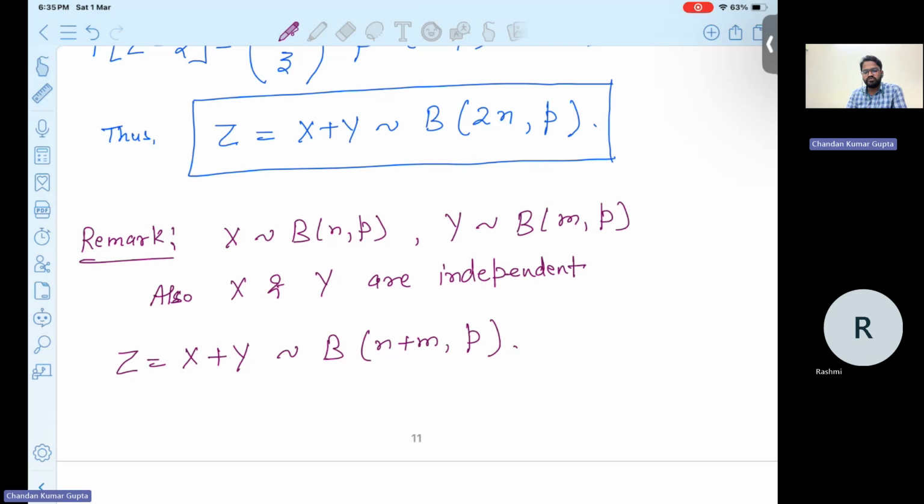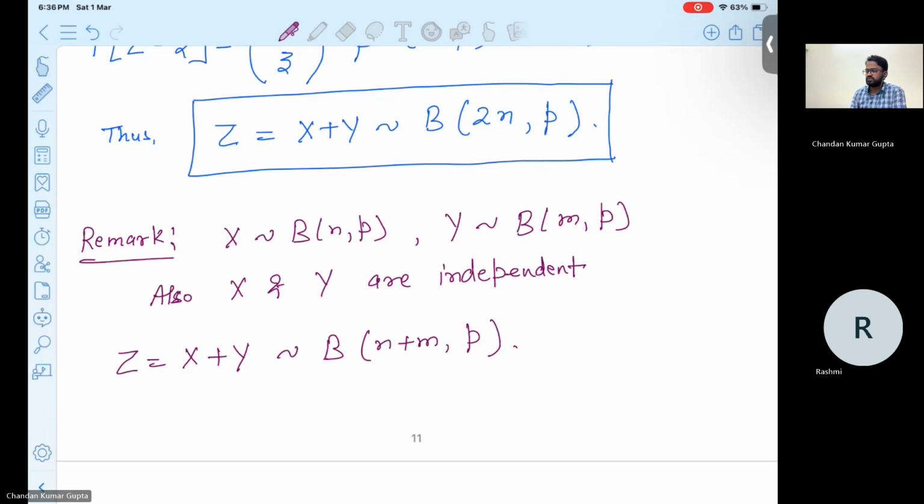So when we have known distributions for x and y random variables, we can use the concept and find the distribution of the transformed random variable. Here, in the binomial case, the summation of independent binomially distributed random variables is again a binomial random variable.